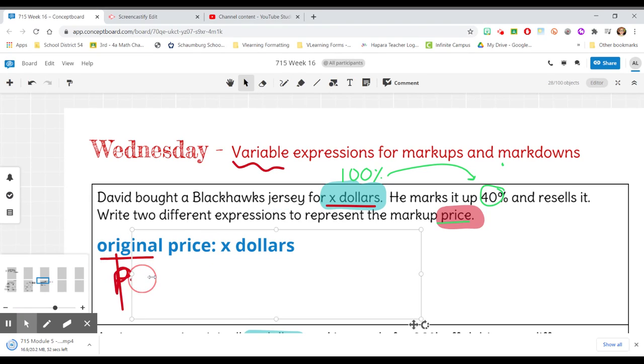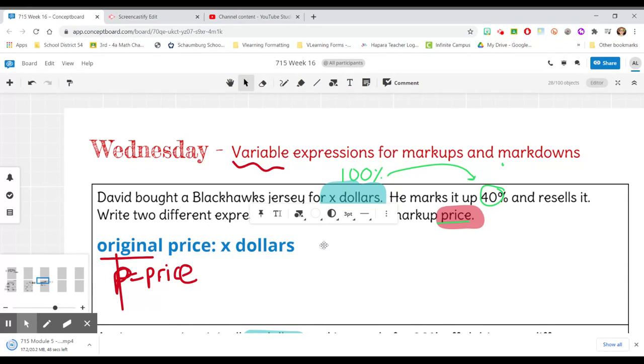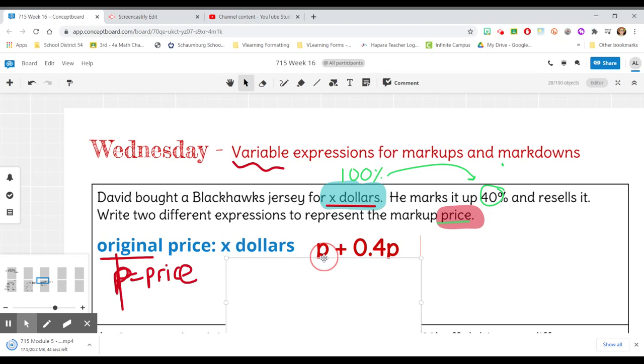The first way is to think of P as the price, and that will be our variable. If P is the price, 100% of the price plus 40% of the price is going to give us 140% of the price. So the first expression is P plus 0.4P.